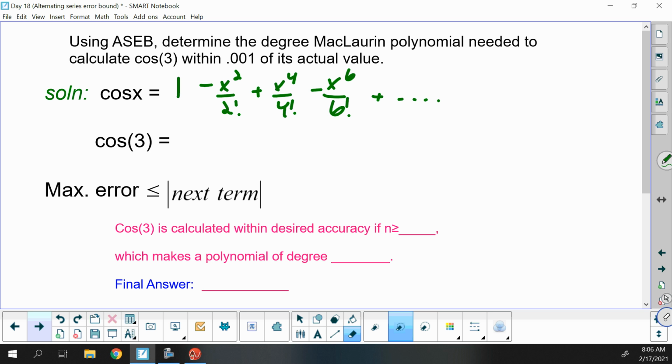And when you sub in a 3, that would really be 1 minus 9 over 2, plus 81 over 24, minus 729 over 720, plus dot, dot, dot.